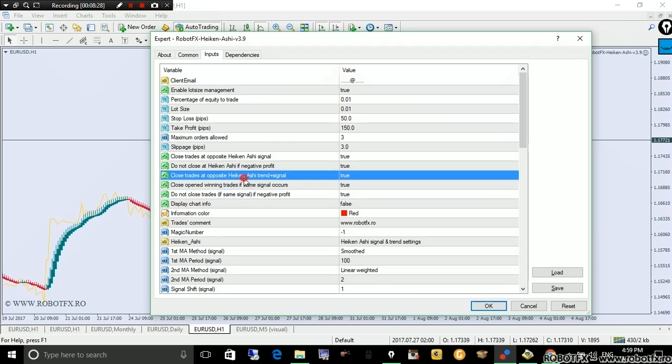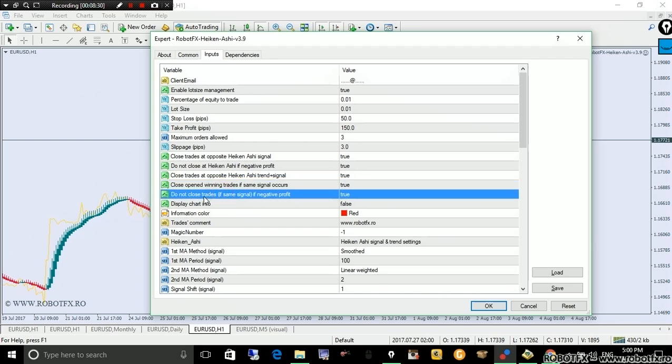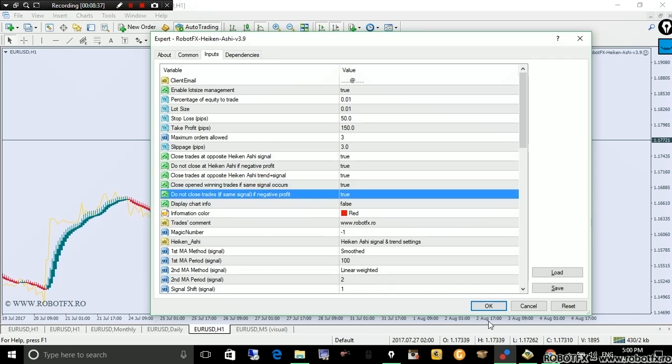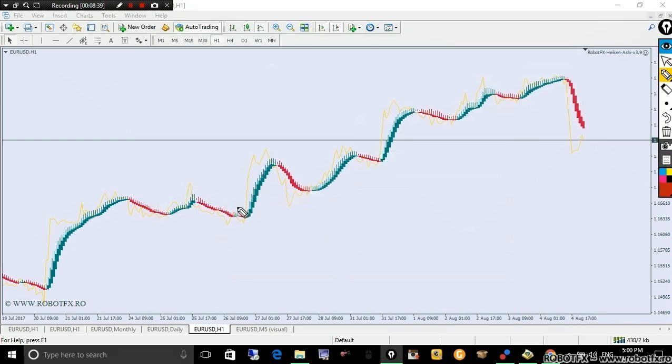And also related to this, do not close a trade if same signal, if the option above is set to true, if the profit is negative, which might have happened again, maybe here. So if we are buying here and there's another buy signal here, the price at this point could be lower than the opening price of B1.